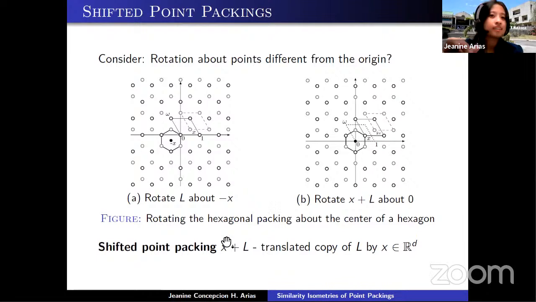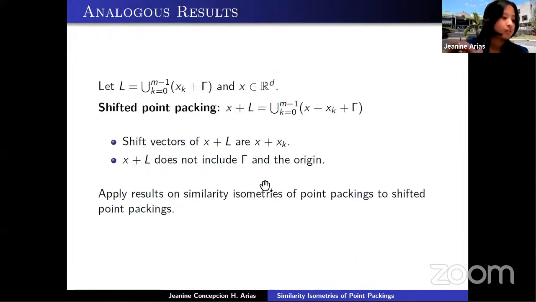This motivates us to study what we will call shifted point packings. If L is a point packing, then x plus L is given by this union. Observe that x plus L is still a union of shifted copies of gamma, so it is similar to a point packing in that sense.